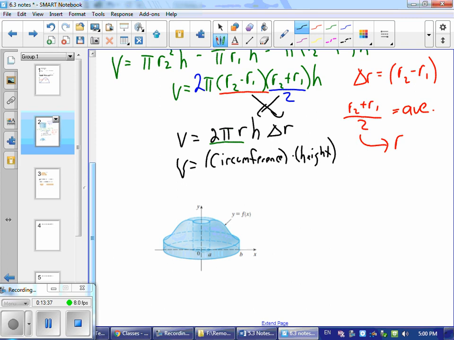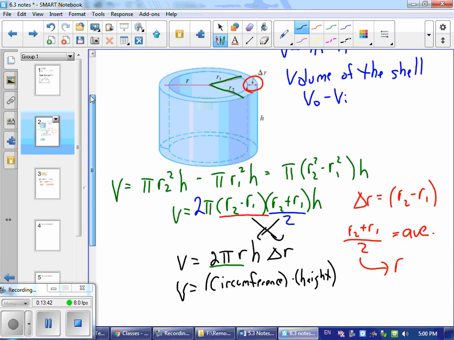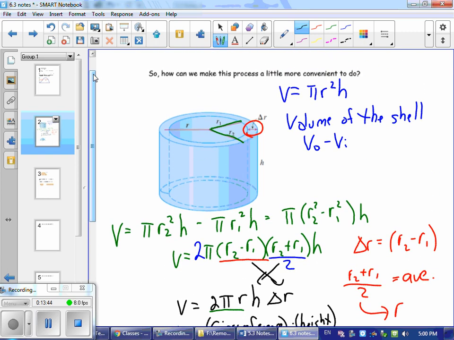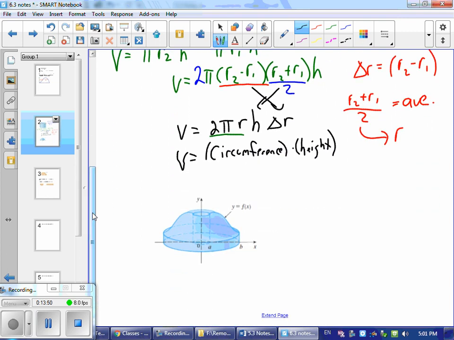And delta R, the change in R, is, again, take a look at the drawing here. Delta R is the thickness of the shell. And we want that thickness to be extremely thin. So we can find the volume of a cylindrical shell by doing the circumference of the shell times the height of the shell times the thickness of the shell.